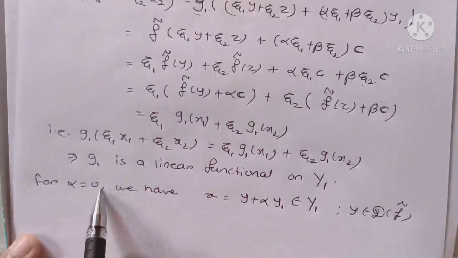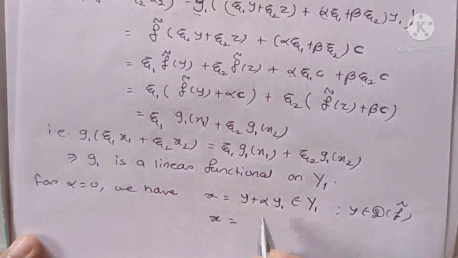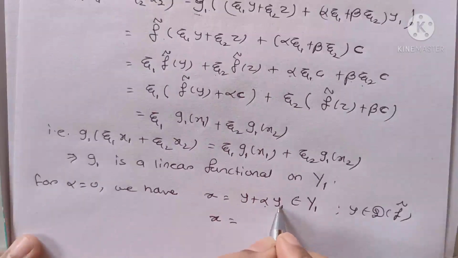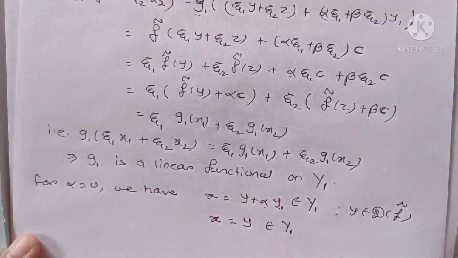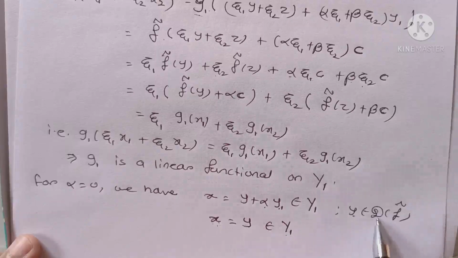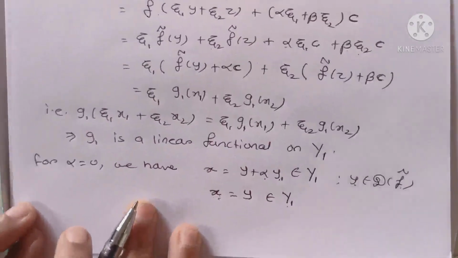When we take alpha equal to 0, this term equals 0, and in that case we get x equals y, which is an element of y1. But y is an element of the domain of f tilde, so x is an element of the domain of f tilde.